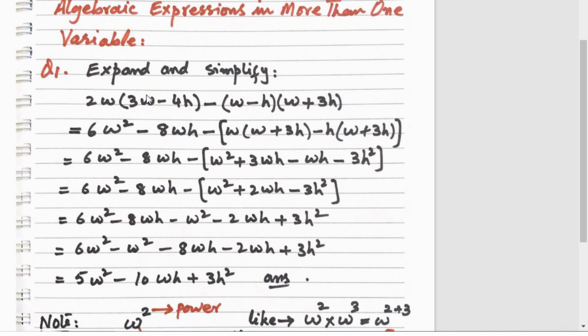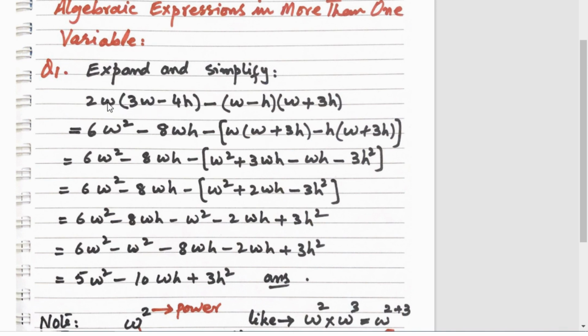I have told you previously, when there is no power written, there is power 1 on the variable. It is not necessary to write it again and again, so you should keep it in your mind. It is understood that w and w have power 1. When the two powers are added, we get 2. We do not write w twice.